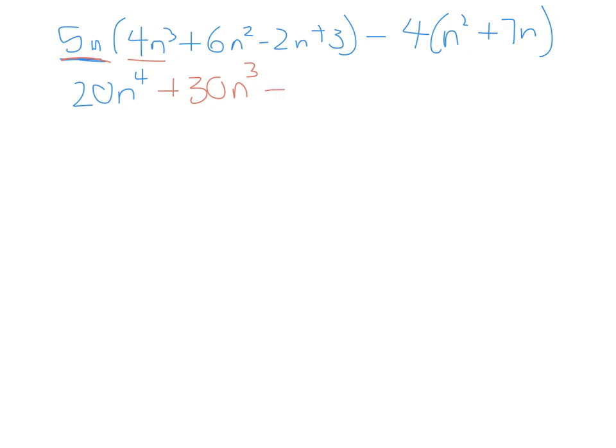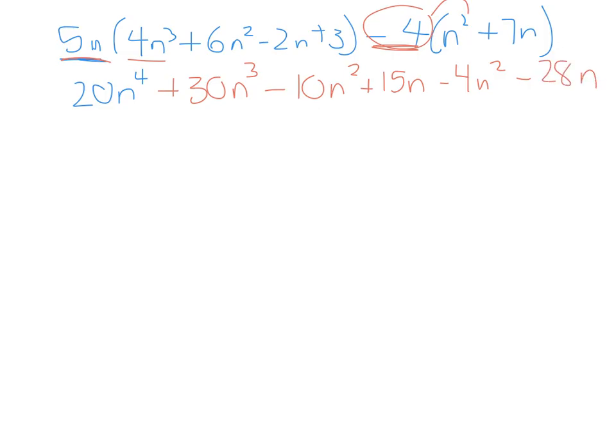Then minus 10n squared plus 15n. Now I'm distributing the second part here. I'm distributing a negative 4 to what's in the parentheses right after it. So that's minus 4n squared and then minus 28n.